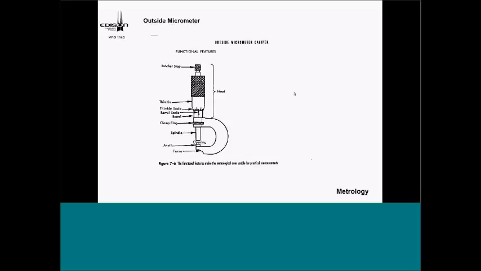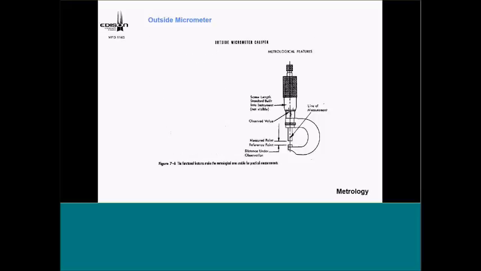And again, the clamp ring, sometimes there's a lever. I have actually both that I can show them, but there's a lever that will go up and down to lock those in. And then we talk about the actual measurement itself. Measure point, the reference point, line of measurement.